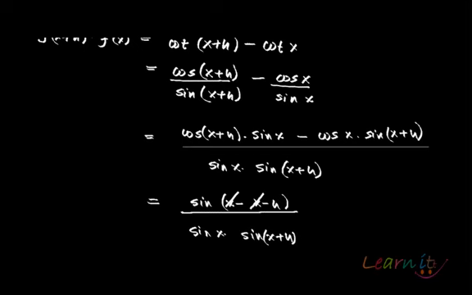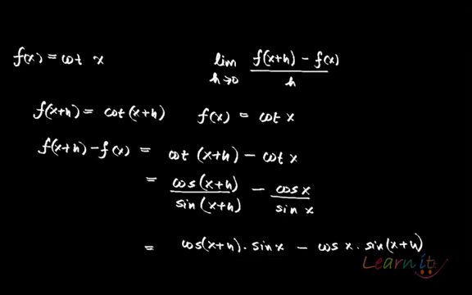So this will get cancelled out and you will have sine of minus h, which is nothing but minus sine h, upon sine of x into sine of (x plus h). This is nothing but f of (x plus h) minus f of x.